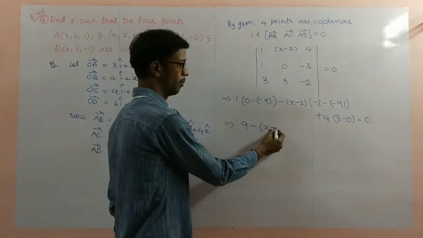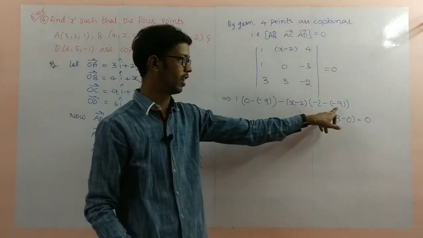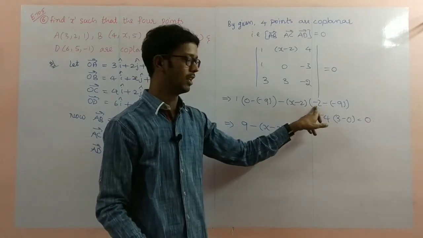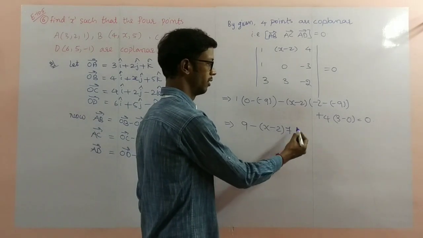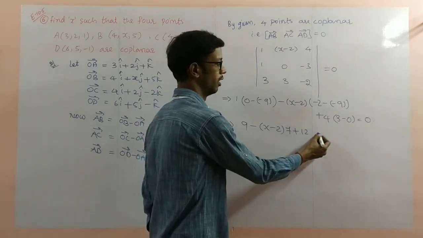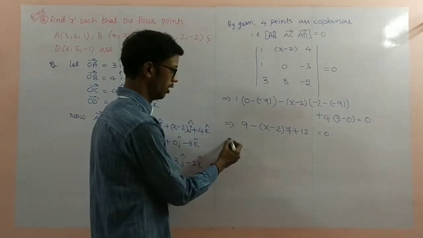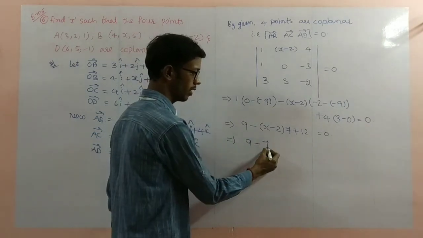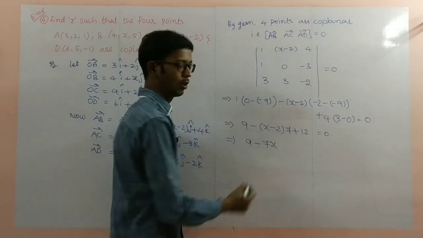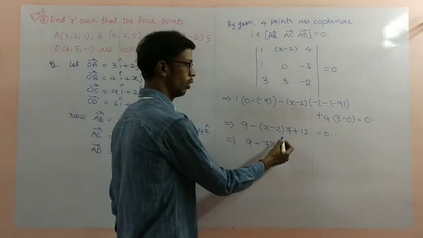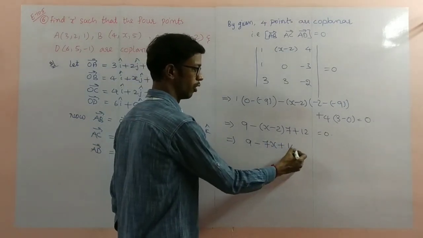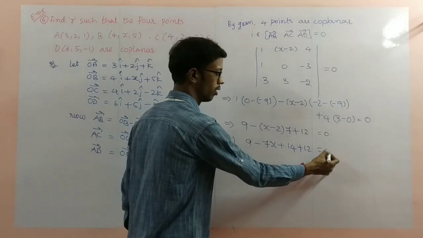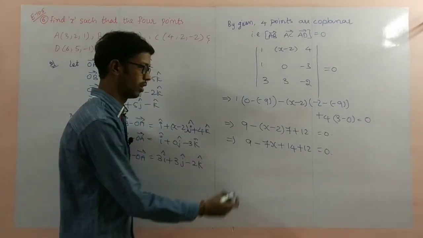Minus of (x minus 2) into this simplification, plus 9 minus 2 is 7, plus 12 equal to 0. This implies 9 minus 7x, minus into minus plus 2, 2 into 7 is 14, plus 12 equal to 0. So now simplify this one.